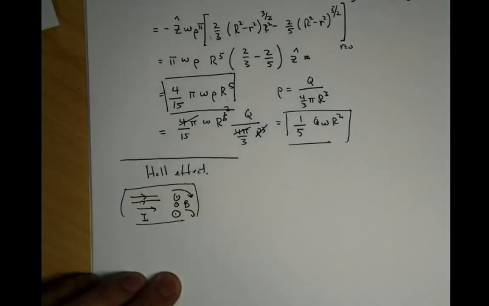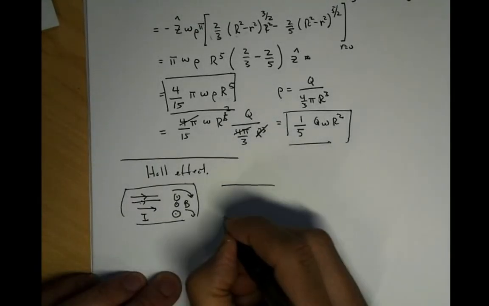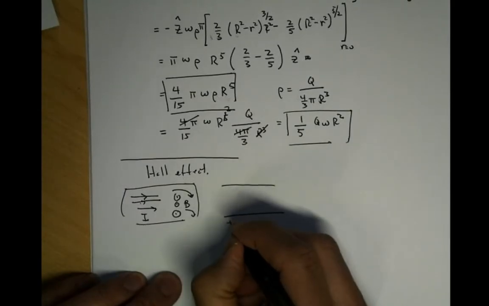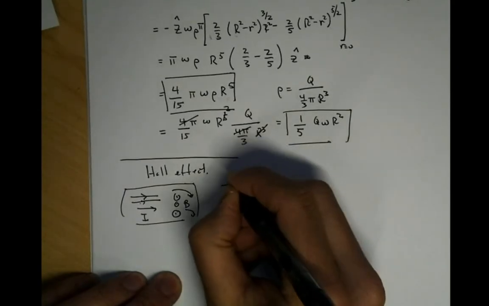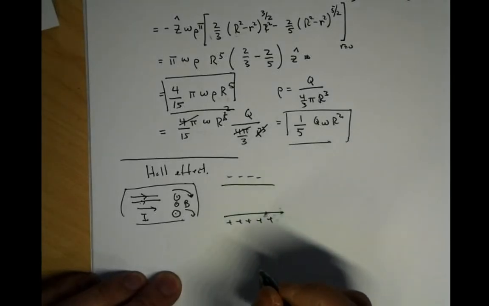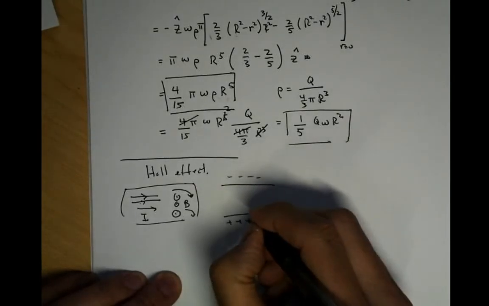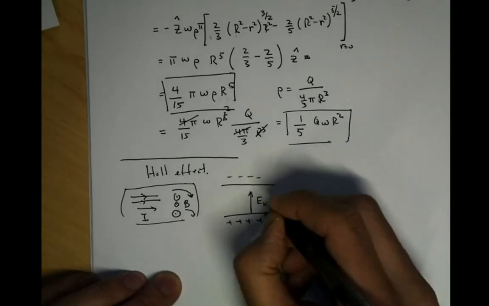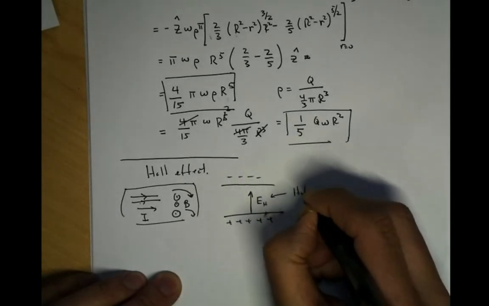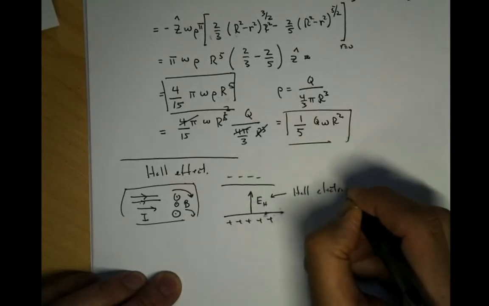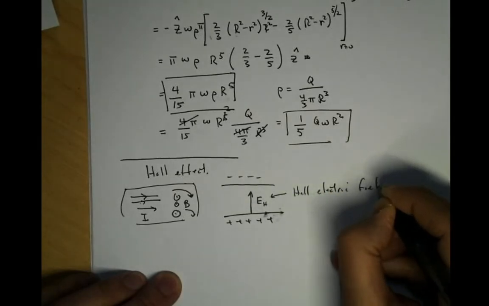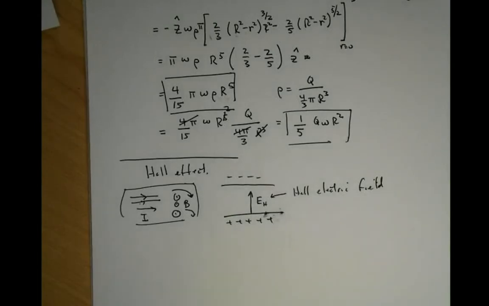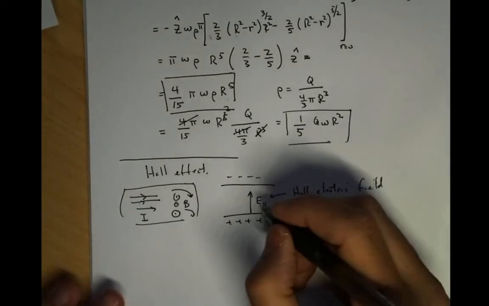Such that if you basically look at the size of the conductor, there's going to be slightly more positive charges on one side, and because of the absent positive charge, this will be slightly more negative, right? So this leads to basically an electric field which points in this direction. So this is called the Hall electric field, just because there's a current that's moving through this region, right?